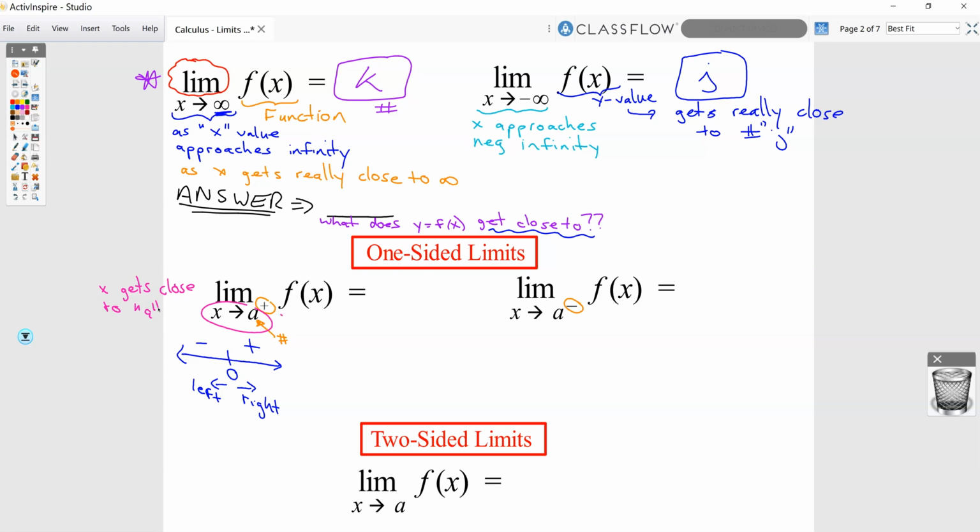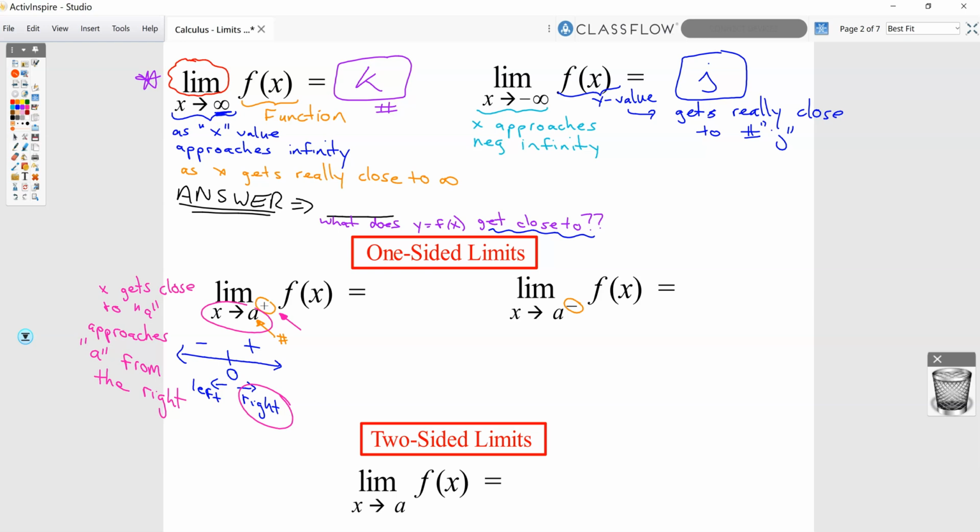And because you see the little positive sign up here, that means it approaches the number A, and positives are on the right of 0, so we're approaching A from the right. So we approach the value x equals A from the right-hand side.